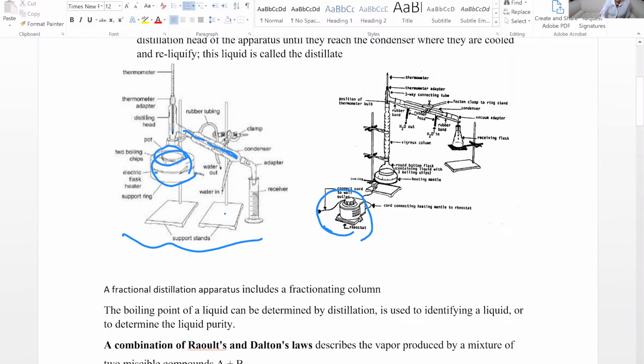When it comes to fractional distillation, you have a fractionating column. This fractionating column is going to separate the compound that has the higher boiling point from the one with the lower boiling point.